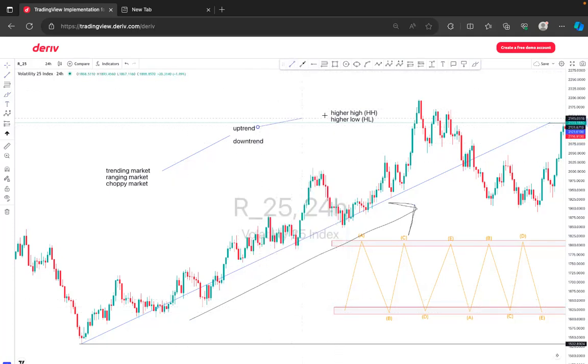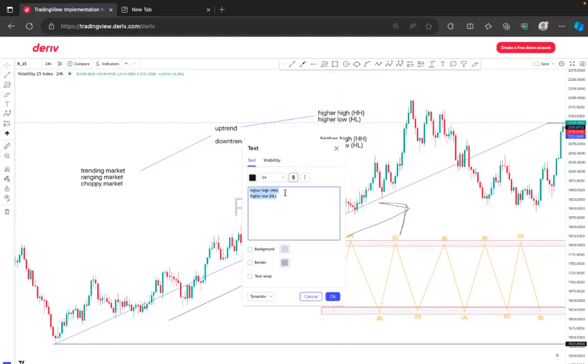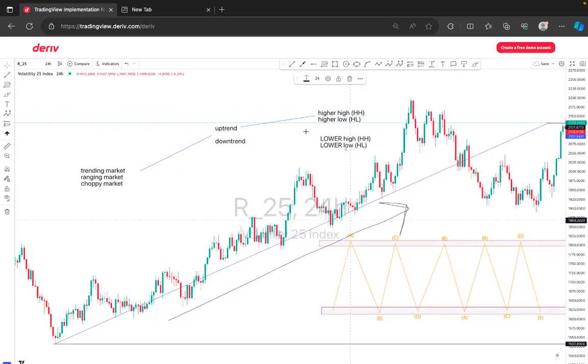That's for the uptrend. For the downtrend, we have the lower high and the lower low.